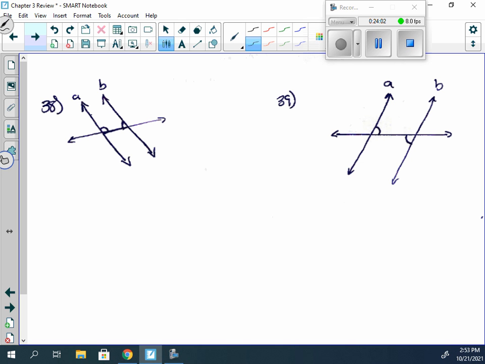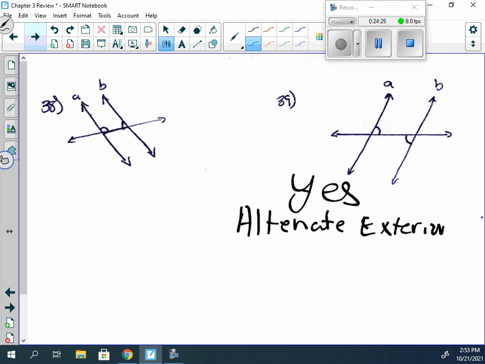So they gave us those two angles. They said they were congruent, yes? Are those two angles corresponding, alternate interior, or alternate exterior angles? So can we say that these two lines are parallel? Yes, because of the alternate exterior angle converse.